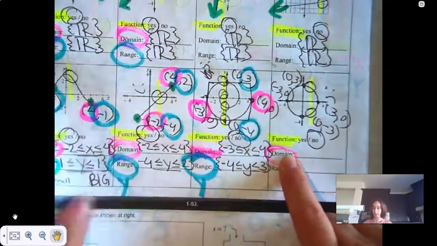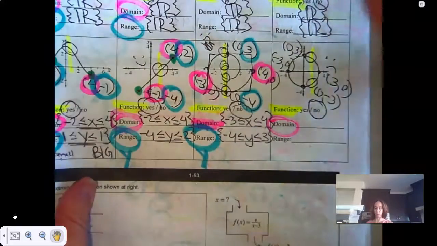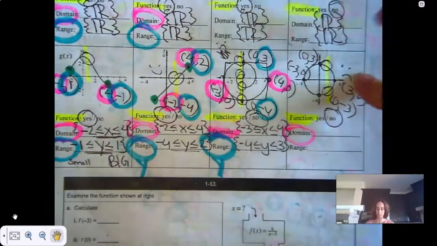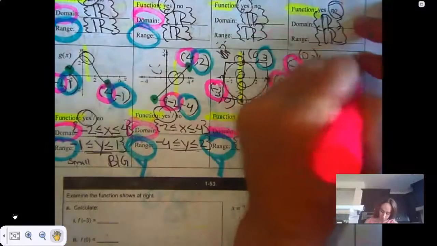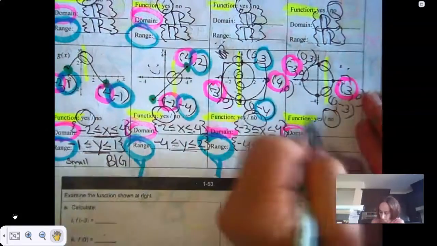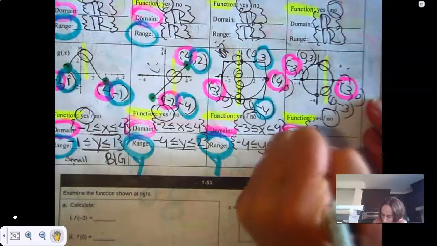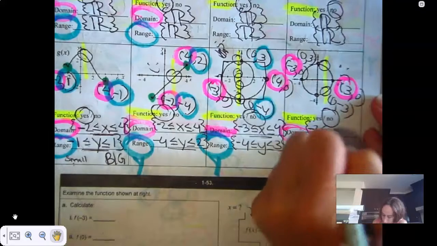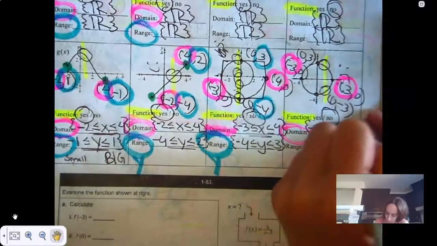Now, domain is left, right, x, x. So now, small, less than or equal to x, less than or equal to 3.